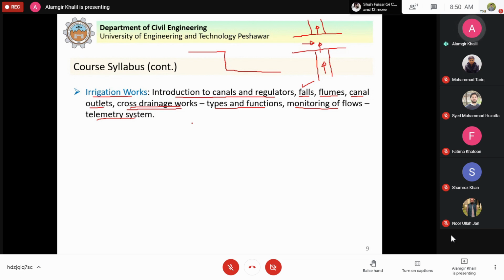So you just need to measure the depth of water, and you can use different gauges, manual or automatic, and then use the rating curve to estimate the discharge at that cross section. For that we can also have telemetry systems, automatic systems. So the depth is recorded and then transmitted to the control room where the data is processed and stored.